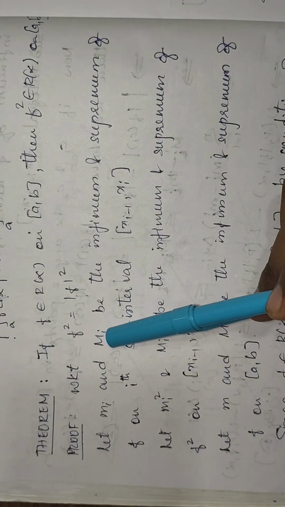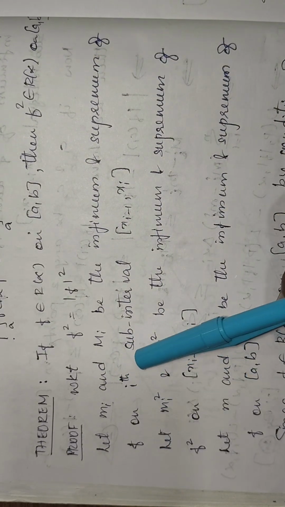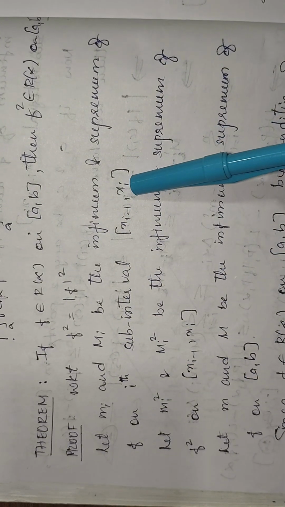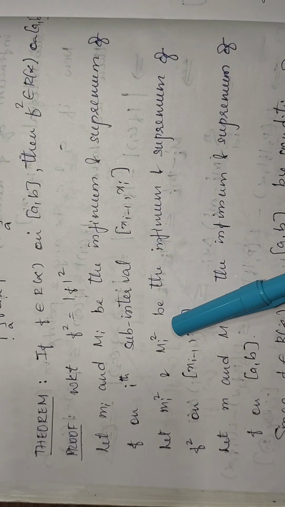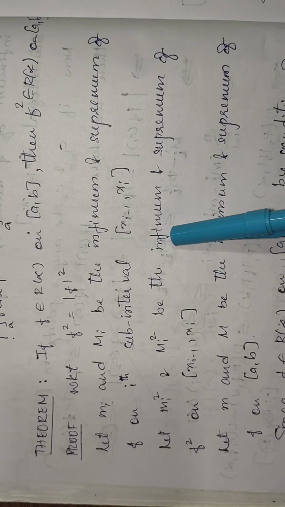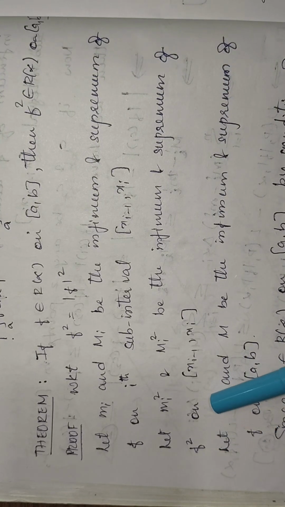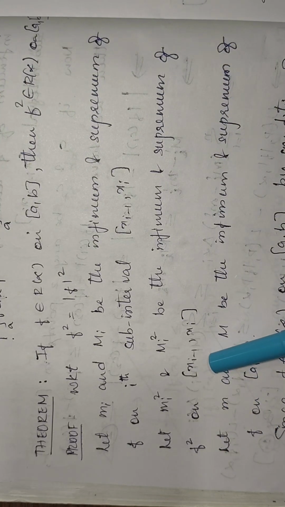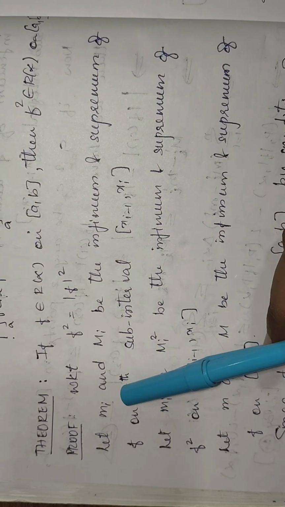Let small mi and capital Mi be the infimum and supremum of f on the ith subinterval [x(i-1), xi], and let small mi square and capital Mi square be the infimum and supremum of f square on the closed interval [x(i-1), xi].